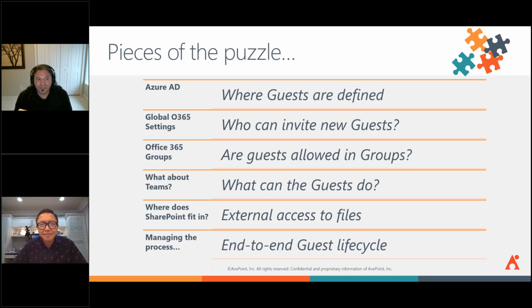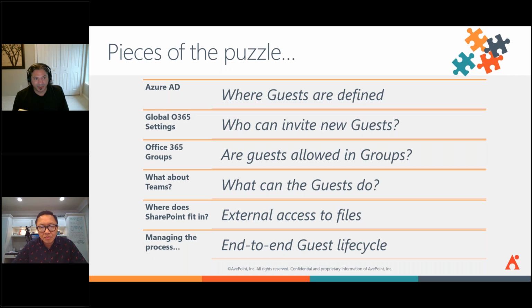Yeah, so when we talk about pieces of the puzzle here, there's a lot of different pieces that all interlock with each other. So we're going to take a look at all of them, and we're going to go in order. First, we're going to talk about the concept of guests in Office 365. It's important we understand this foundation. We're going to move on and talk about the concept of inviting guests, which is how guests are added to your Microsoft 365 tenant.